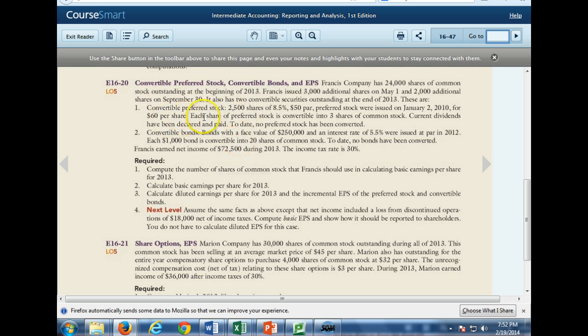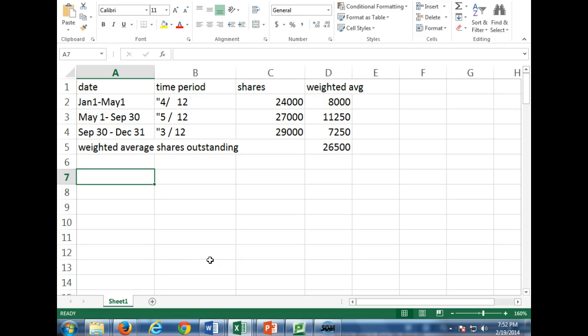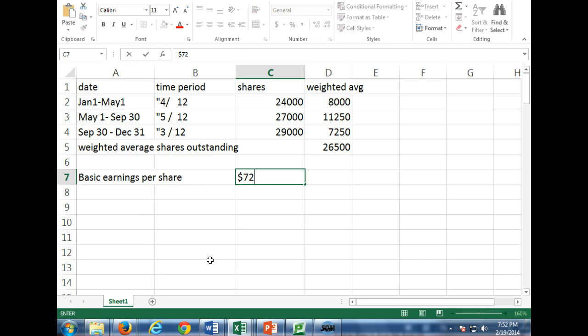Now we're going to have to do some interesting information with our preferred shares, okay? So what are we going to start at? Our basic earnings per share. It's going to be 72,000. But what are we going to need to subtract from this? What are our preferred dividends?